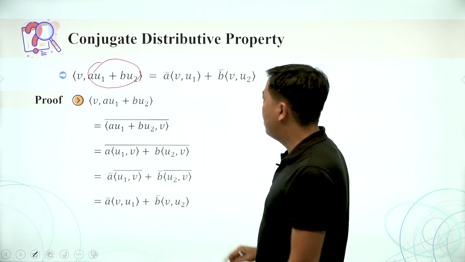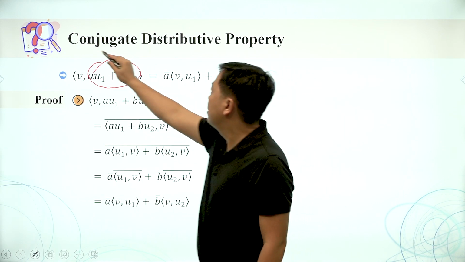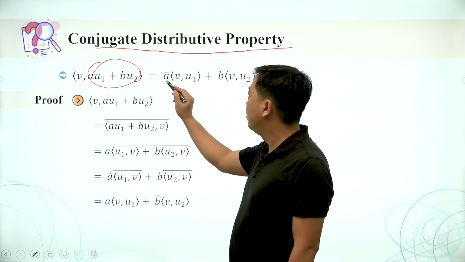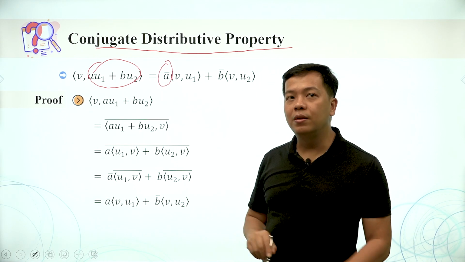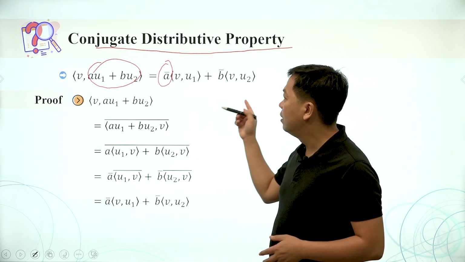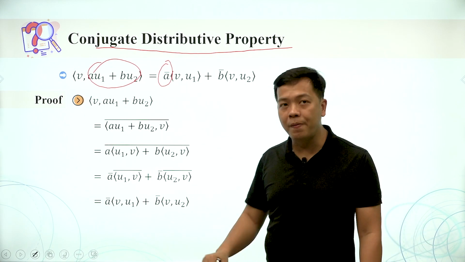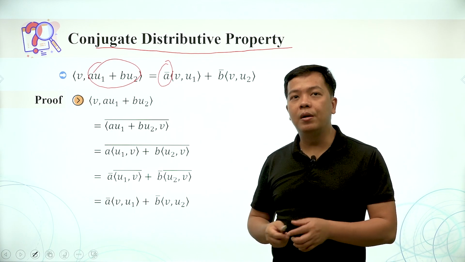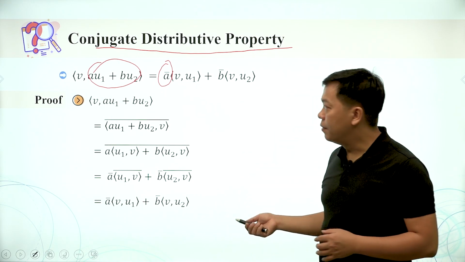After we multiply, we can use the conjugate distributive property, so we can move the scalar out, but we need to take its conjugate. This is how we prove it. I hope you remember this formula, because this theory requires some proof.